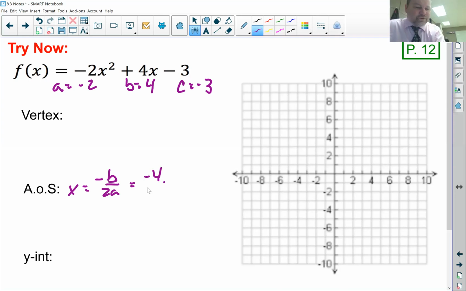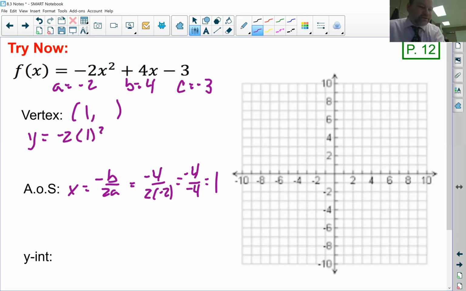So -4 over 2 times -2, which is -4 over -4, or +1. The axis of symmetry is 1. So for the y value, I plug 1 in for x.